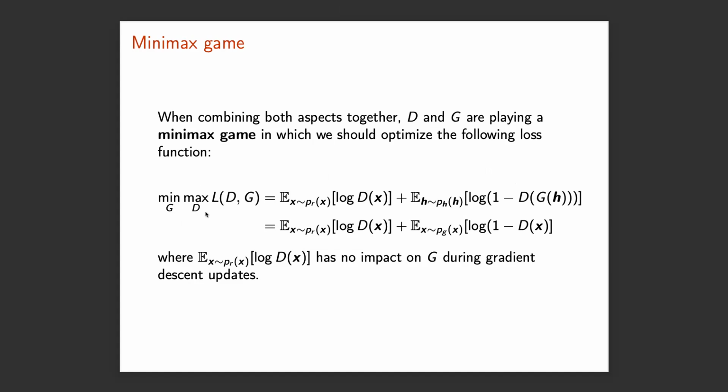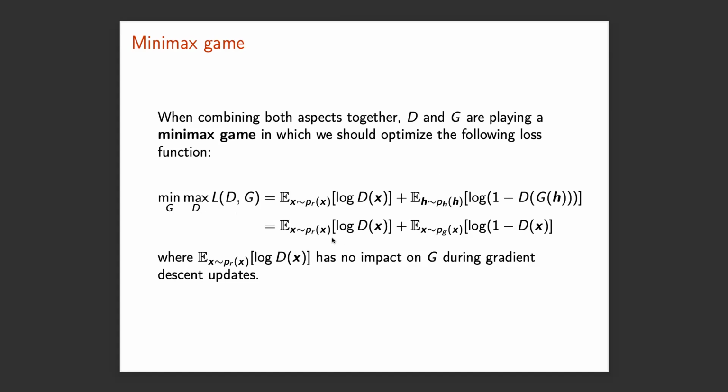When you put these together, you set up what is called a min-max game, where L stands for the loss function, where you plug in what the generator and the discriminator are producing. That means that we are setting up two expectation values, where we generate these X's according to the real data, and these h's according to the latent data, which could be a Gaussian or a uniform distribution.